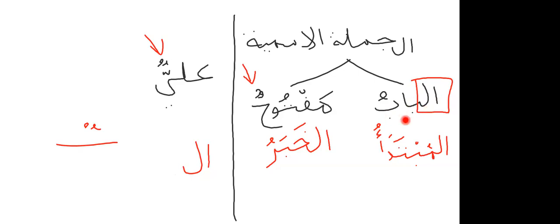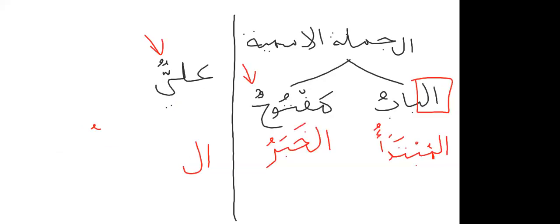That is the noun that will be made indefinite by putting dhammatan. So babun, a door. Al-babu, the door. Alif and lam means definiteness, while tanween means indefiniteness. But as for a noun like Aliyun, which is a proper noun, the fact that it is a proper noun makes it definite.